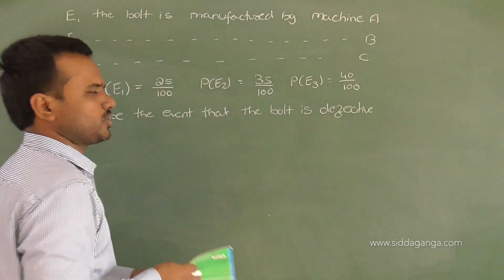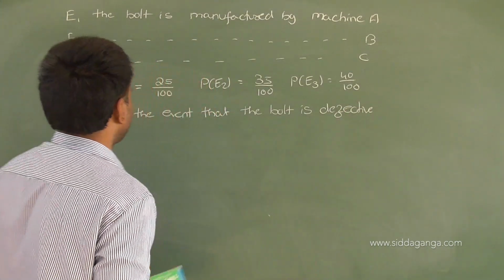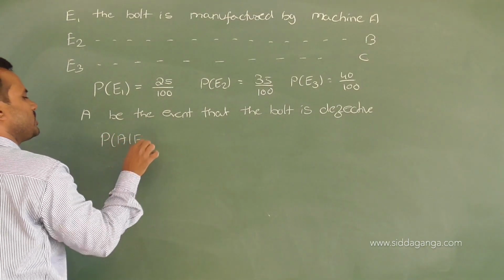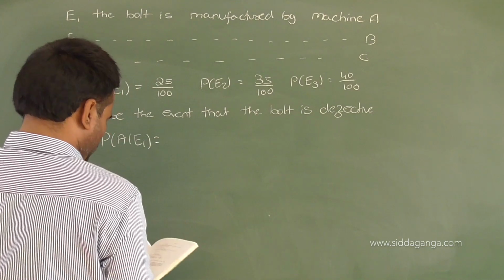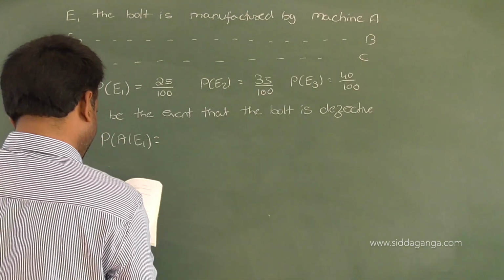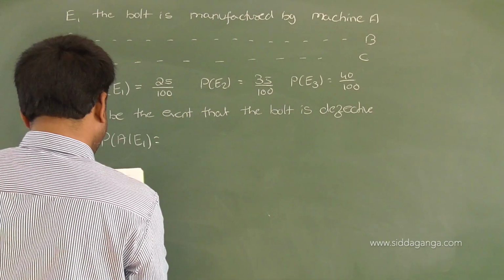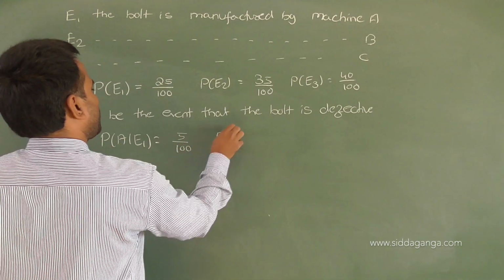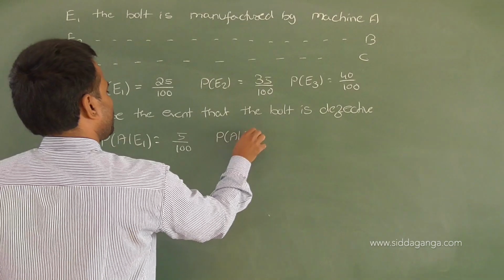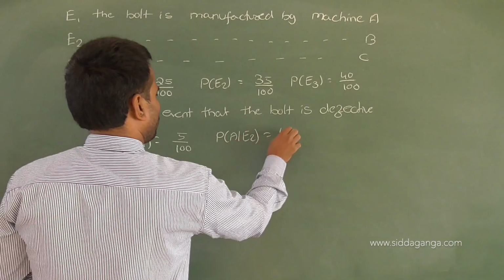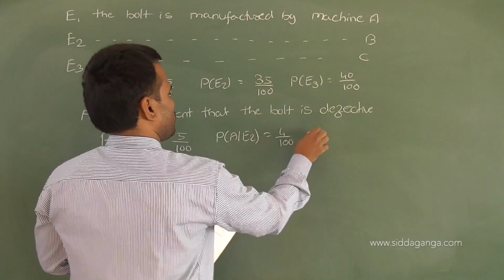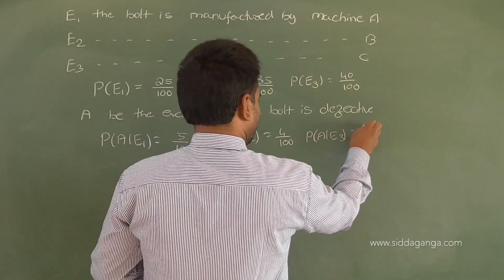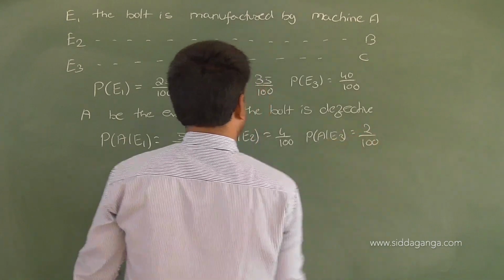Probability of A given E1 is 5%, 5 divided by 100. Probability of A given E2 is 4%, 4 divided by 100. Probability of A given E3 is 2%, 2 divided by 100.